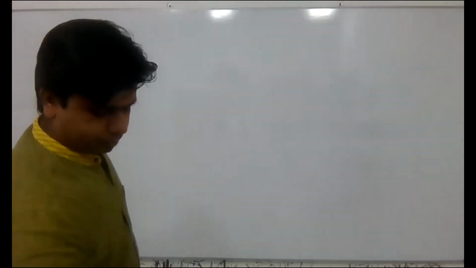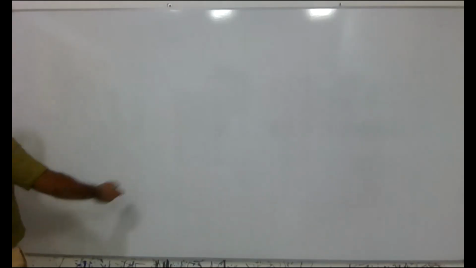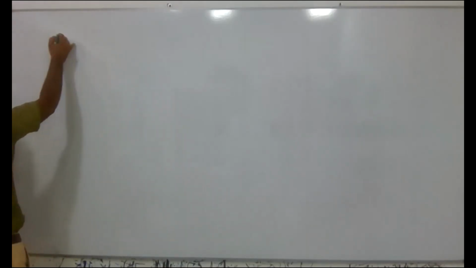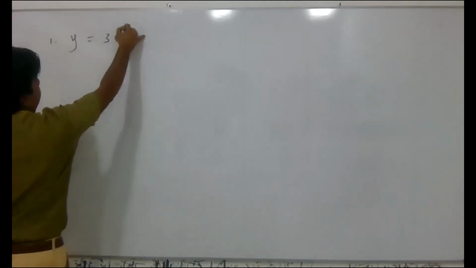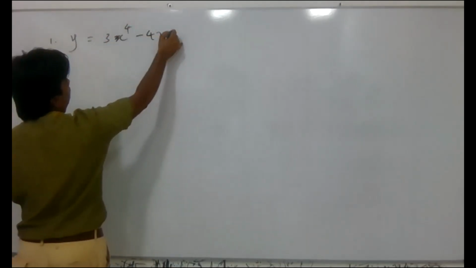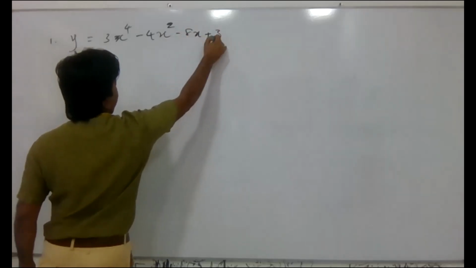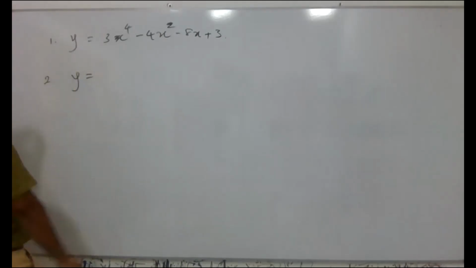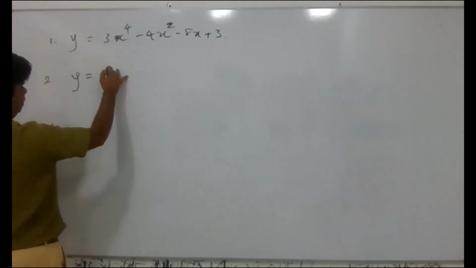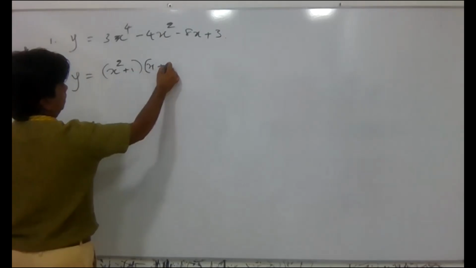Then, y equals 3x to the power 4 minus 4x squared minus 8x plus 3. Second one, y equals x squared plus 1 into x plus 3.